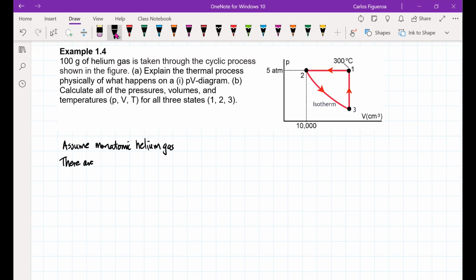There are two ways to transfer energy into or out of the gas. That's either by heating or working.